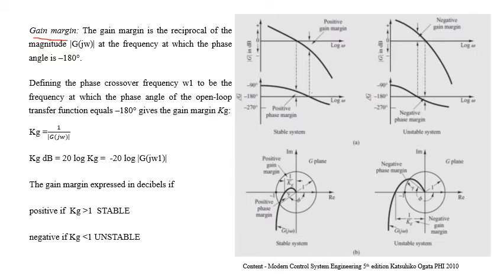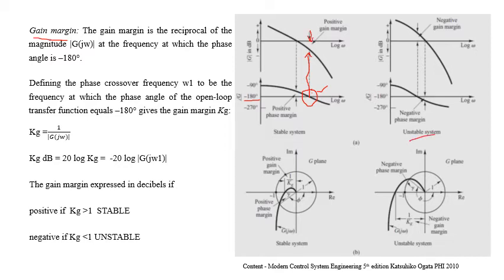It is when the phase angle intersects the -180 degree value or -180 degree axis. This encircled part shows you that the phase is -180, so this is called the phase crossover frequency. Now at this point, the gain of the system will help you in identifying the gain margin.